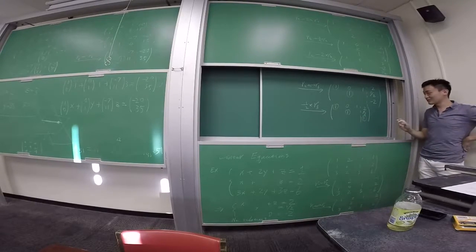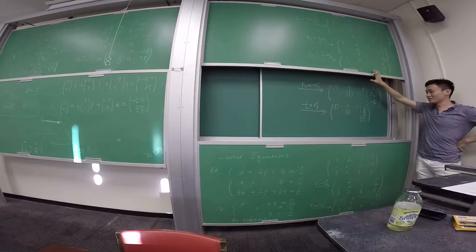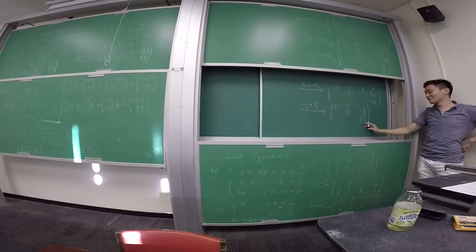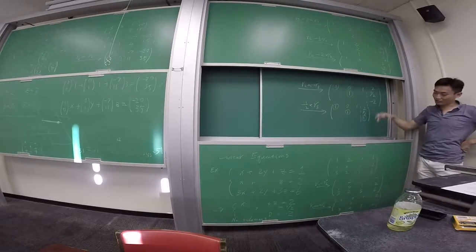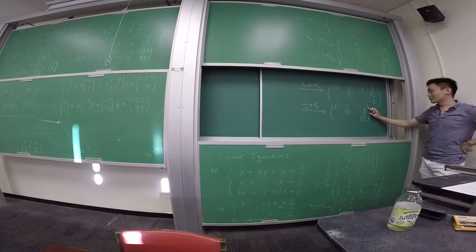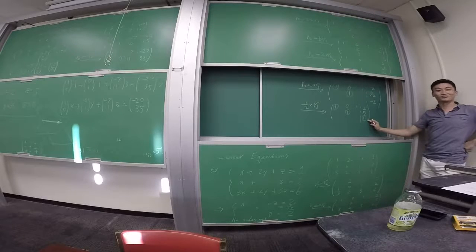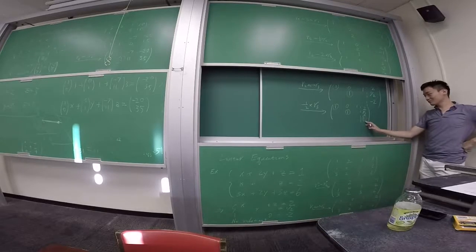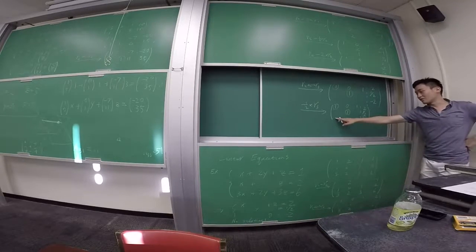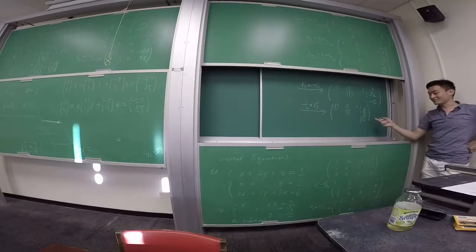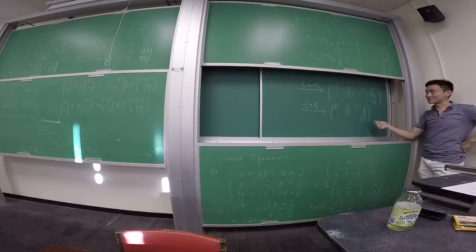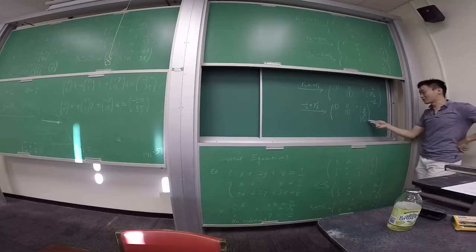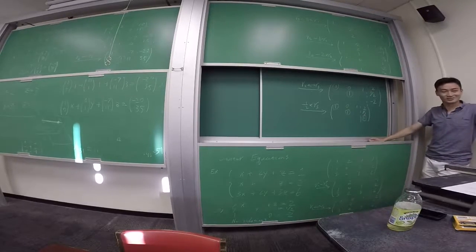If you do all of that process and reduce everything to reduced row echelon form, and in your last column, which is the column of coefficients on the right of the equation, a leading one appears, then this system will not have solutions, because the last row corresponds to the equation 0 equal to 1.